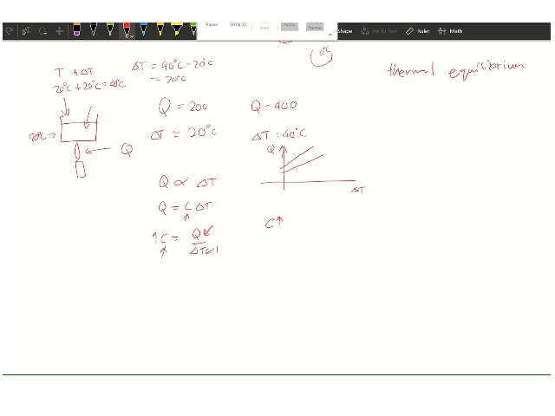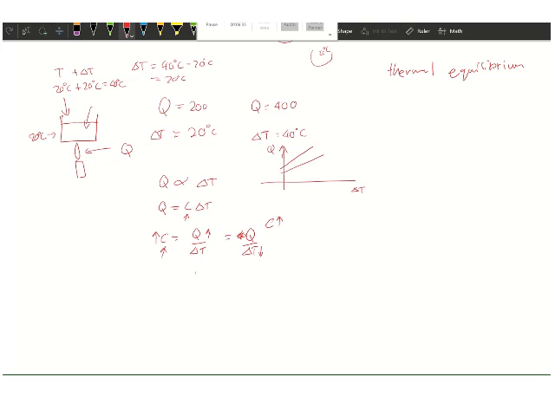Whenever you increase C, let's say we just focus on Q, Q has to increase, or you can have the same amount of Q leading to a smaller change. You can look at it either as higher C, higher Q, or as higher C, lower delta T. So let's go one by one.